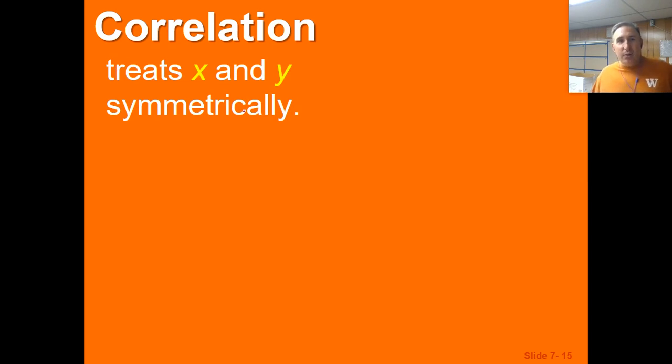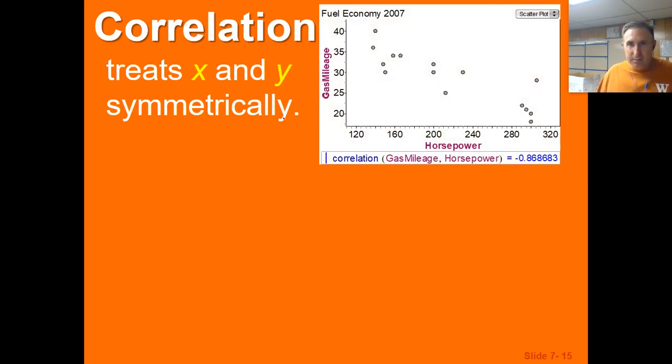Correlation treats x and y symmetrically. So if we look at horsepower and gas mileage, the more horsepower you have, probably the bigger engine you have in your car, so your gas mileage is going to decrease, right? As horsepower increases, gas mileage decreases.